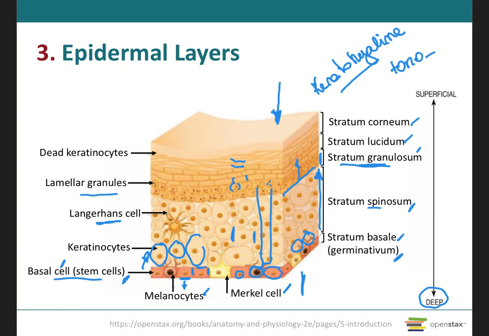Next, we have the stratum lucidum, which means clear, and this layer is only present in thick skin. So this represents the areas of the palms of your hands, the fingertips, and the soles of your feet. It is made up of 4 to 6 cell layers. These cells appear flat and clear, and they are dead keratinocytes.